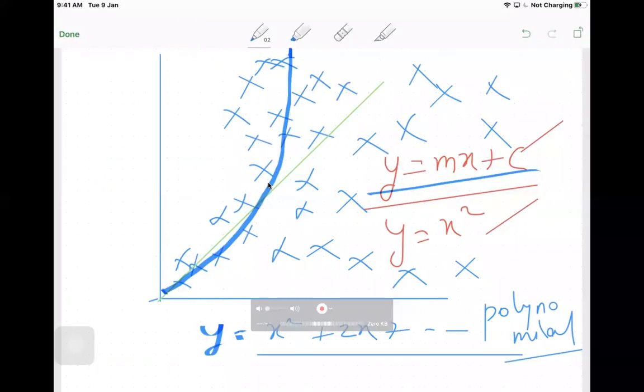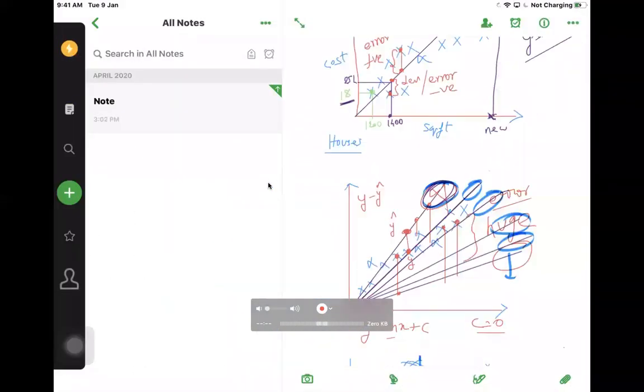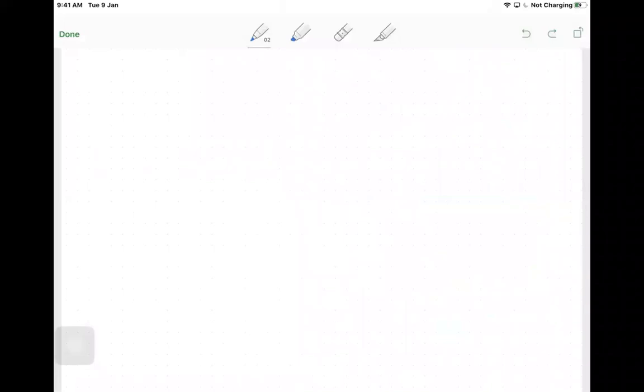In general, this is how we write regression: h theta of x equals theta 0 plus theta 1 x. This is nothing but your y equals mx plus c equation itself, just another representation. Why are we representing it as h theta of x?